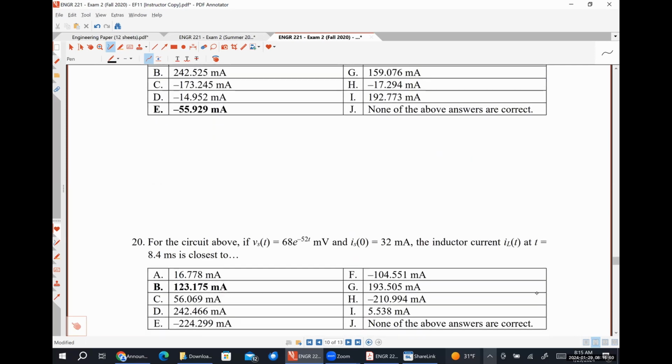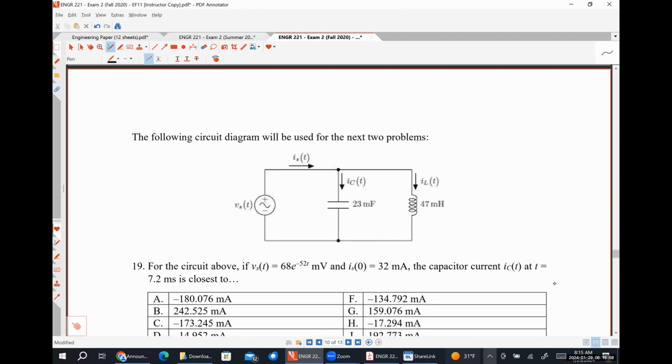We are trying to find the inductor current at some particular point in time. So let's go up here. We have all those relationships that I wrote earlier. We can see that IS of t is equal to IC of t plus IL of t, which means that IL of t is equal to IS minus IC.